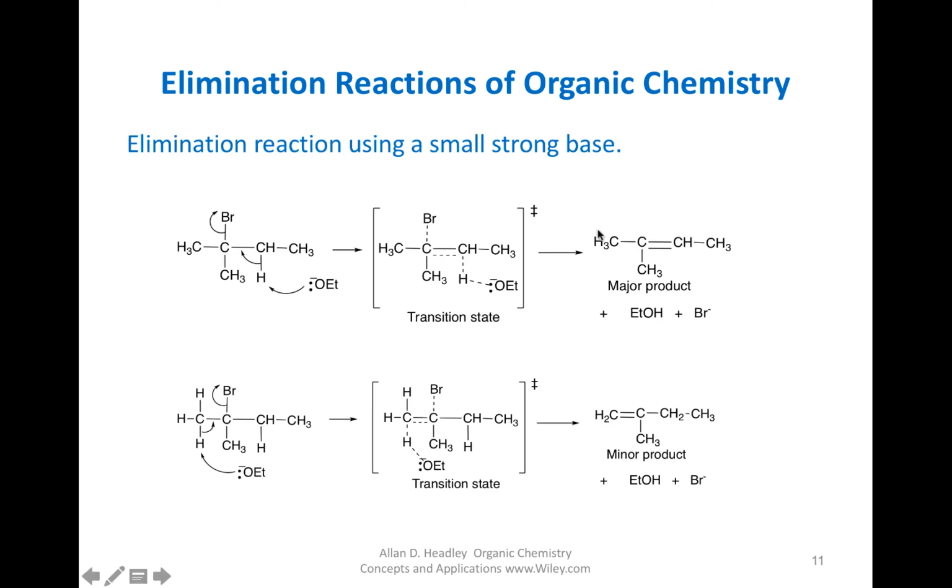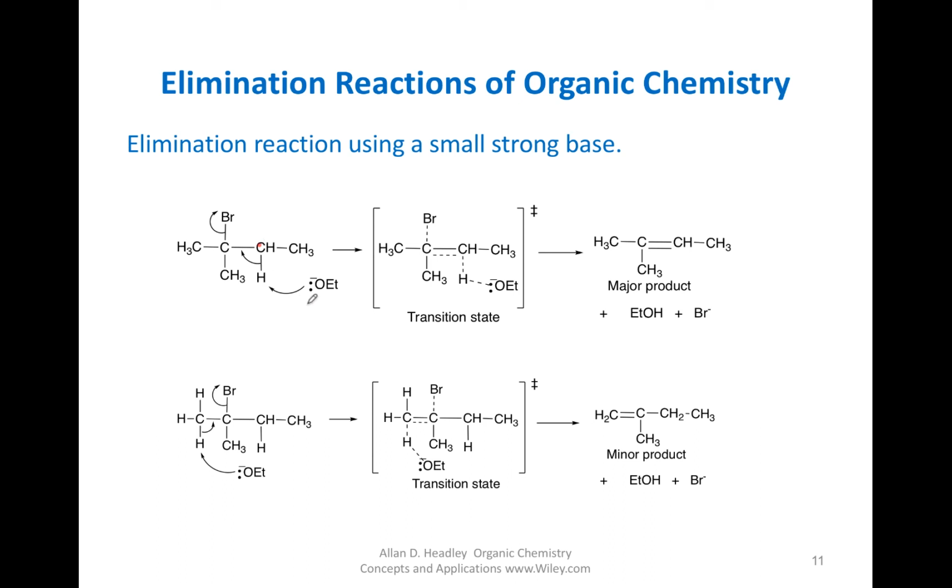So let's apply this. So if we have this molecule here, CH3, bromine on this carbon as the leaving group, CH3, CH, H, and CH3. So notice here that this carbon here has the leaving group, and the adjacent carbon is the one with the hydrogen.